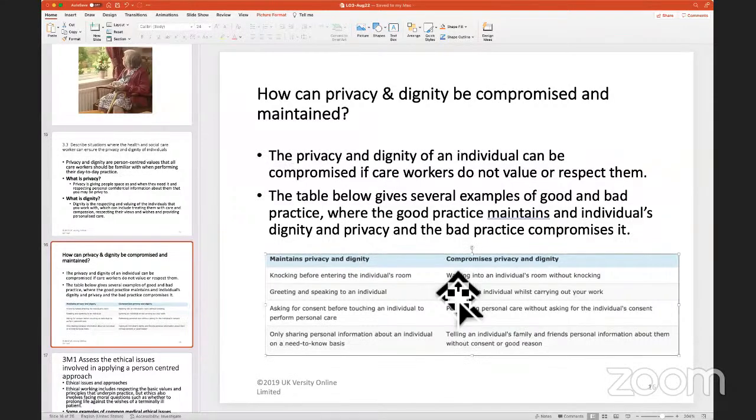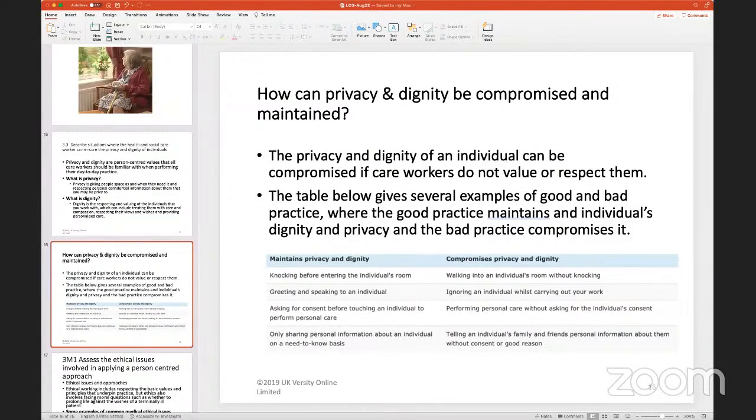So when we talk about dignity and privacy not being compromised, we are essentially looking at the day-to-day functions and attributes that we take into account when we deliver care to the individual. For example, if you're entering their room, you knock on the door to let them know, can I come in?